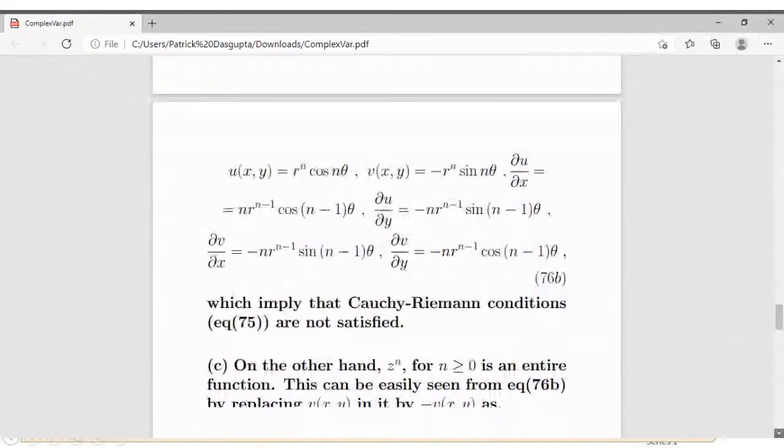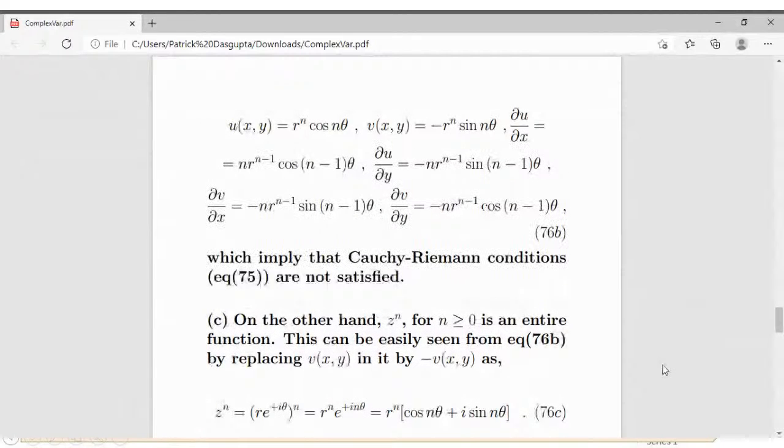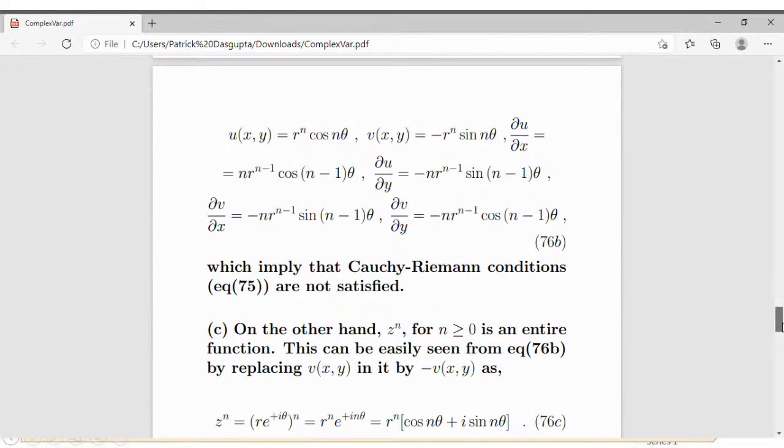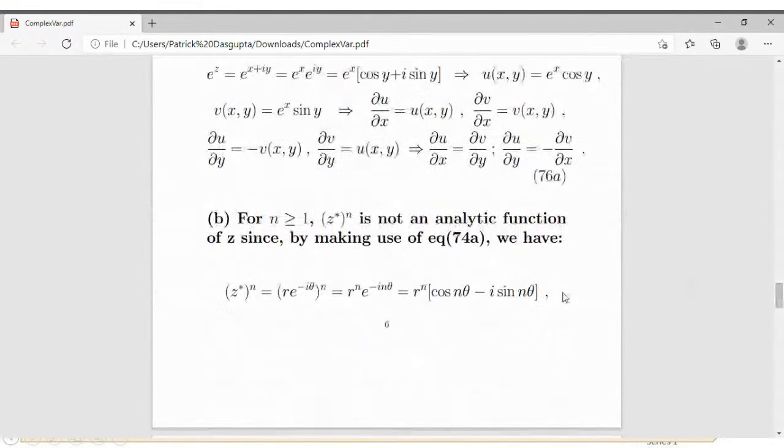On the other hand, z raised to power n for n greater than or equal to 0 is an entire function. For this, we don't have to do any calculation. Why? Because z raised to power n will be r e raised to power i theta, to the power n. All that will happen is, instead of minus, you will get plus.